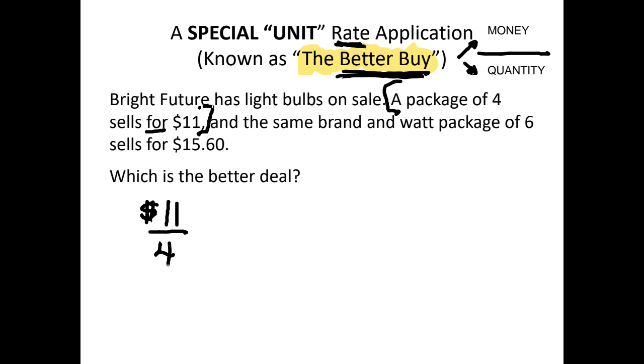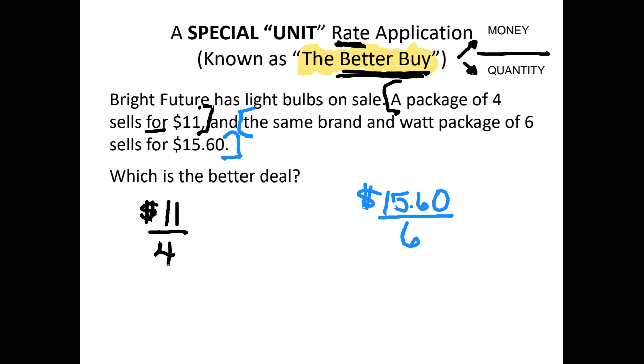And then we have the same brand and wattage package of 6 selling for $15.60. Better buy means you have more than one choice. And again, this is going to be money, $15.60 over 6. This is money over quantity.